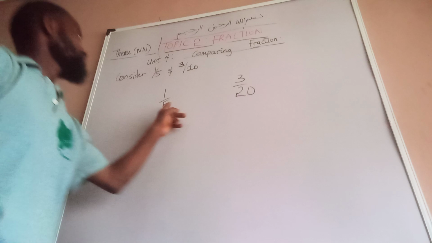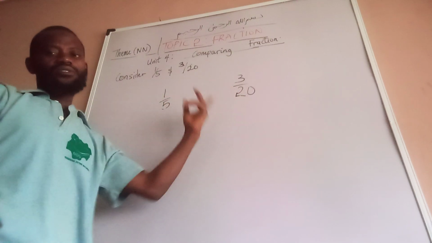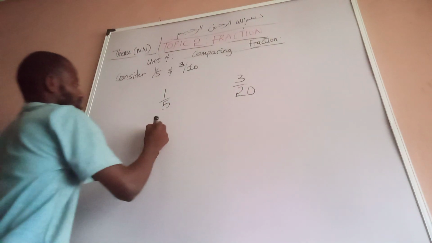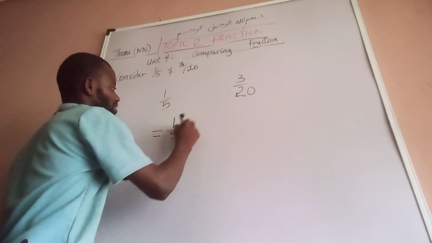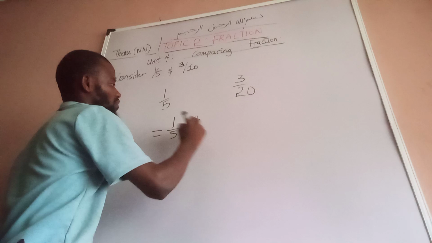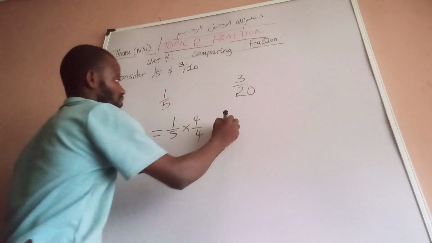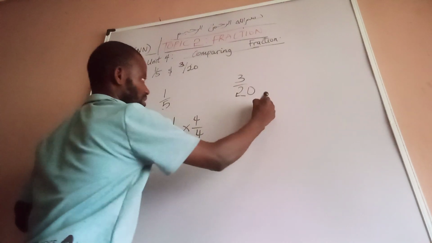If you don't go with that, you just say that this is 20, this is 5. Now, the number that you can multiply with 5 to give you 20 is what? Is 4. So then you now say 1 over 5 times 4 over 4, and this one is still here, 3 over 20.